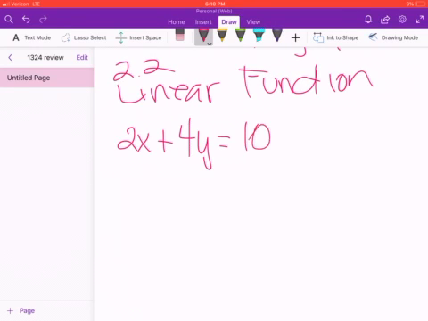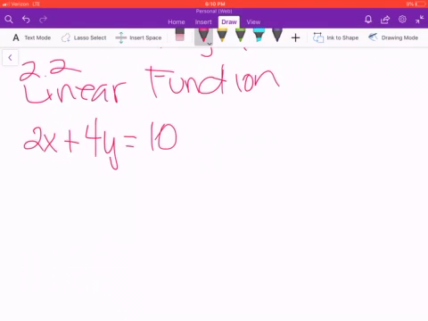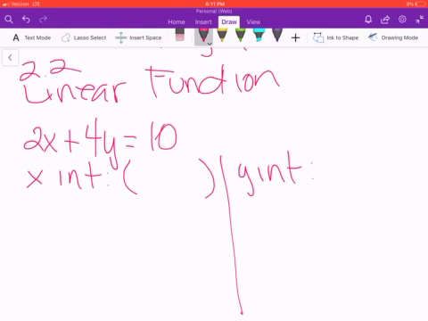Something like that. And then I need you to find the x-intercepts and the y-intercept. Actually, this one will only have one of each because it's a line.